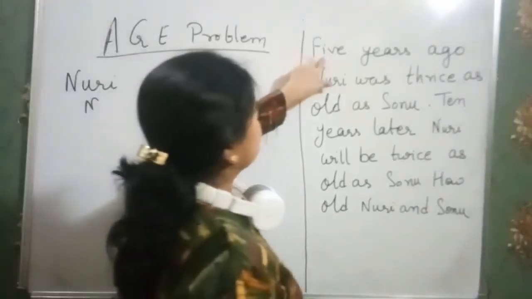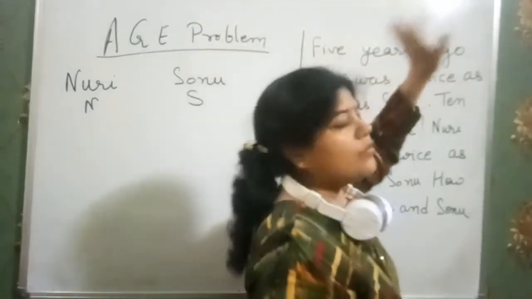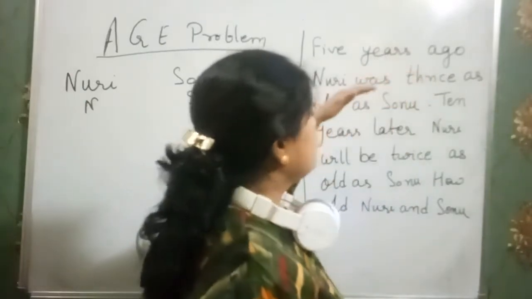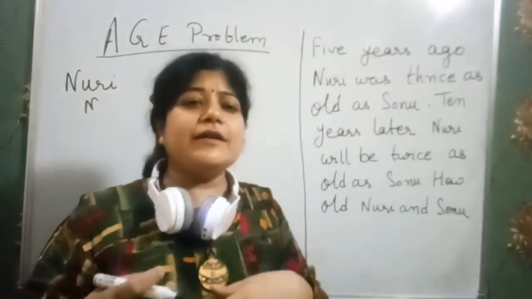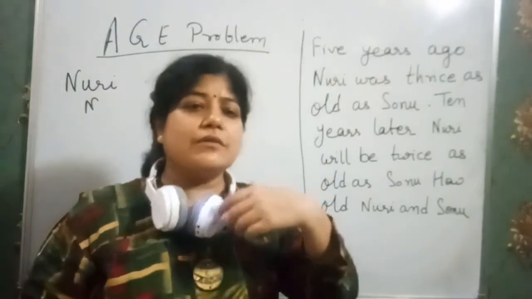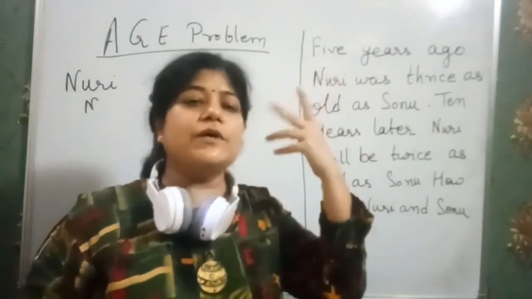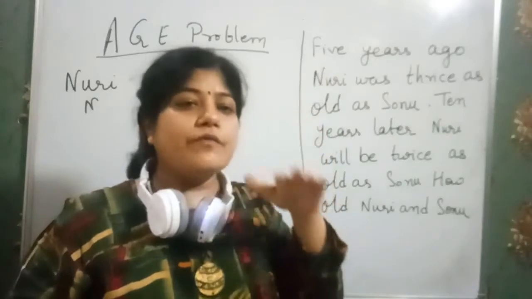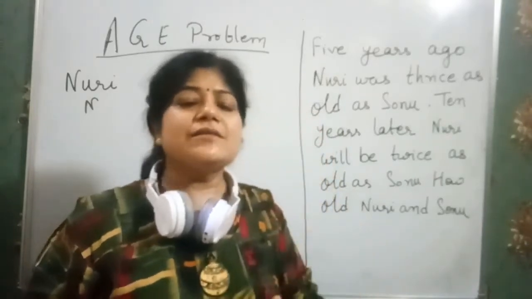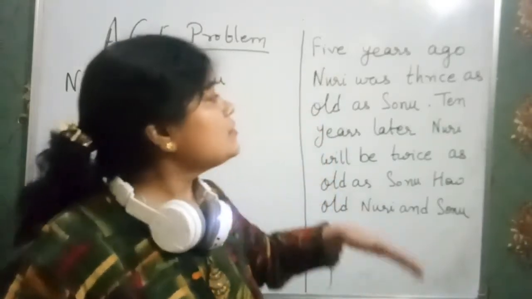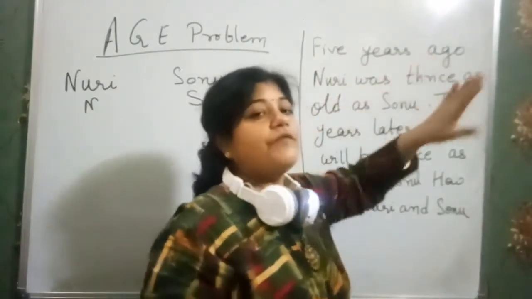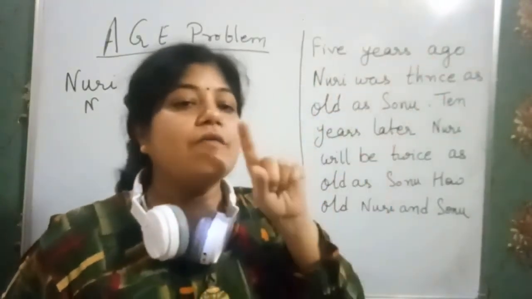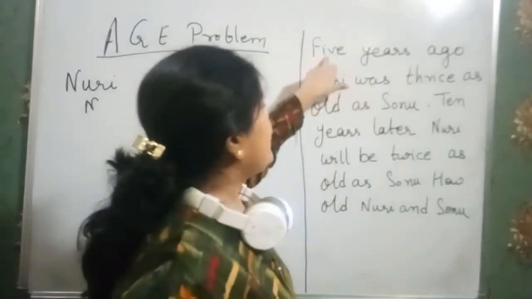Okay. 5 years ago, our age should be less than the present age. So when it is written "ago" in the question, we have to subtract. What do we have to subtract? 5.